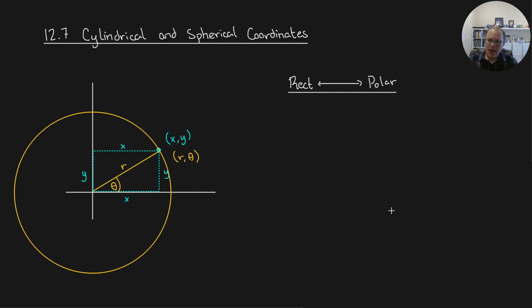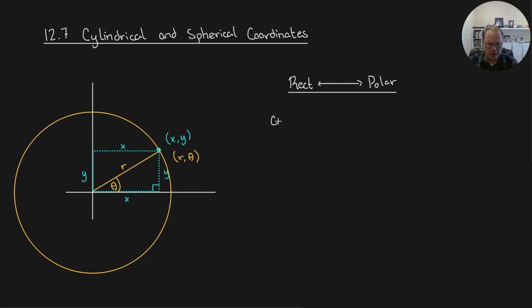Okay. So to do this, we want to find some formulas that allow us to go from the rectangular coordinate system to the polar coordinate system and back again. And we could see that trigonometry is probably going to be helpful here, right? We got a nice right triangle when we draw the rectangular coordinate system and the polar coordinate system superimposed on each other. So what kind of equations do we get? Let's start with the standard trig functions.